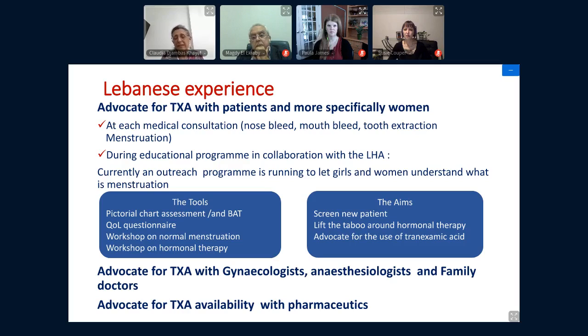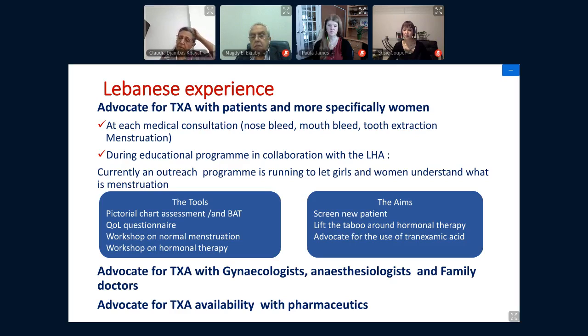In fact, the aim of this is to screen new patients, to lift the taboo around hormonal therapy, and to advocate for the use of tranexamic acid. And believe me, it works and it helps a lot. With a drug like tranexamic acid, we could change the life of a lot of women.